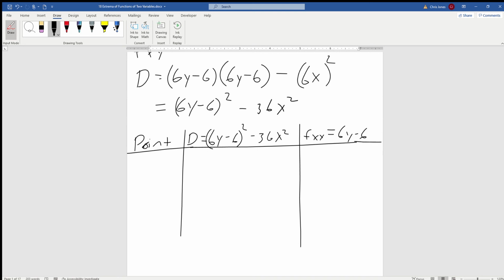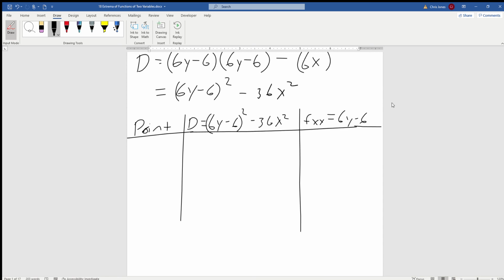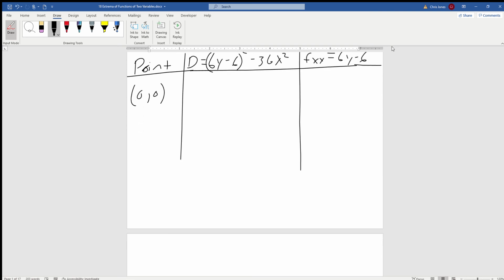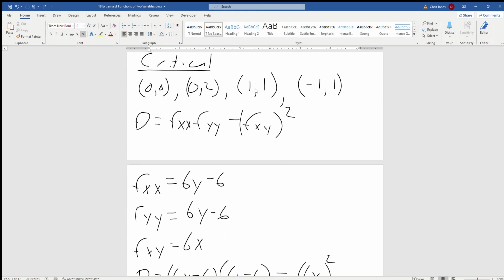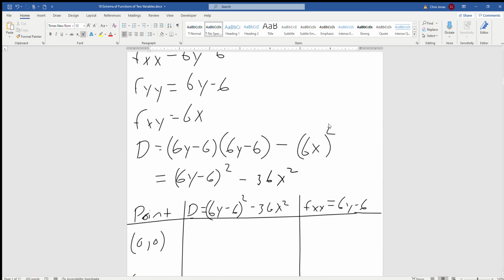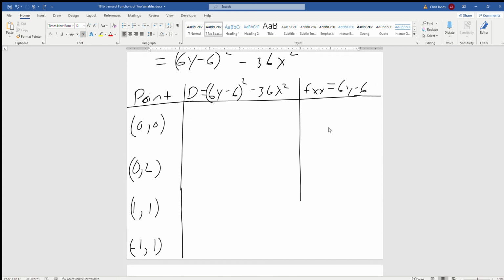And then what we can do is classify the point. In fact, let's just write all of the points in here. So we have (0, 0), we had the point (0, 2), we had the point (1, 1), and we had the point (negative 1, 1). Those were all the critical points we got. Remember, way back up here: (0, 0), (0, 2), (1, 1), (negative 1, 1).